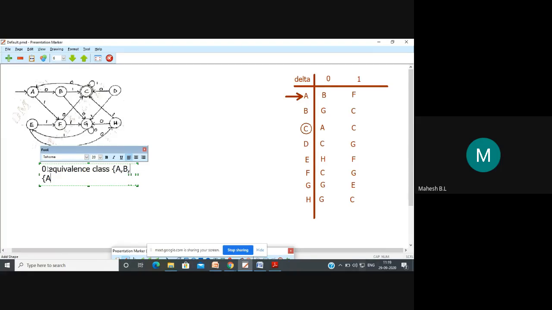A, B, D, E, F, G, H are in one class. Then C is in another class. This is the initial equivalence class. C, the accepting state, is a separate class.